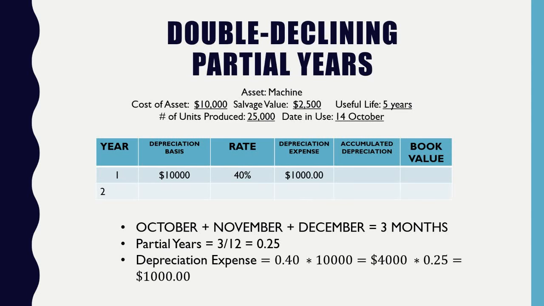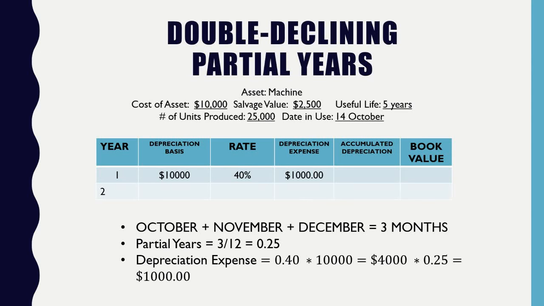No, it's only 3 months old. Remember, it's like a baby. It was born on October 14th, so you need to calculate October, November, and December. It's only 3 months old. So in this case, we're only depreciating a partial year.